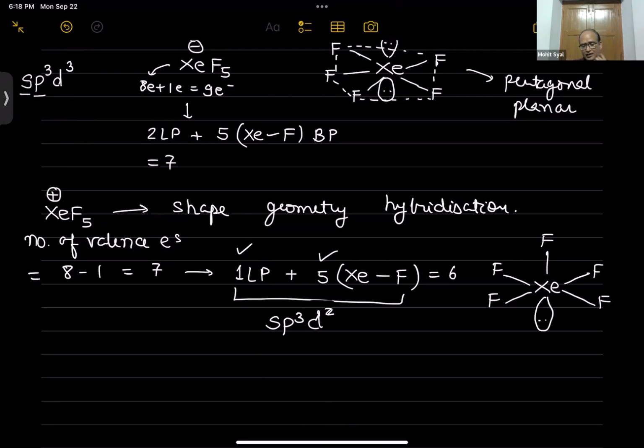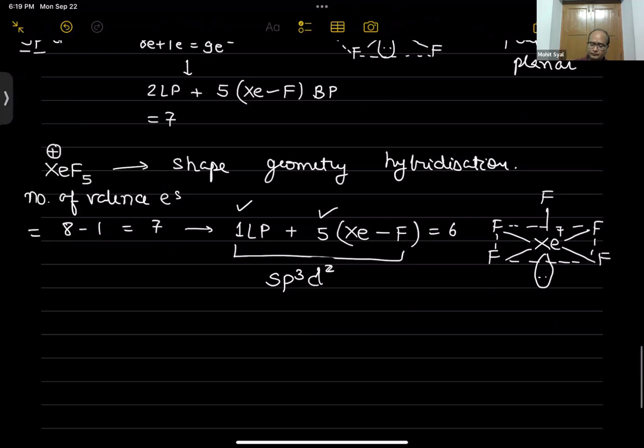Lone pair, in this case, you can put anywhere, but for the sake of simplicity, either show it in upward position or downward position. So what is the shape of XeF5 plus? Distorted square pyramid.